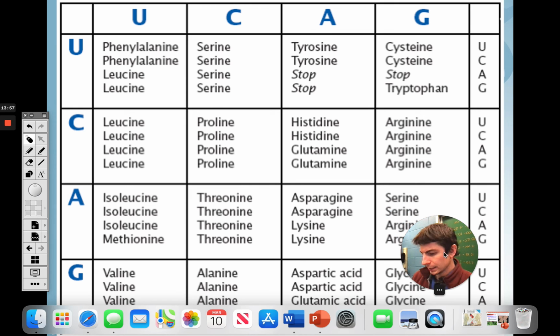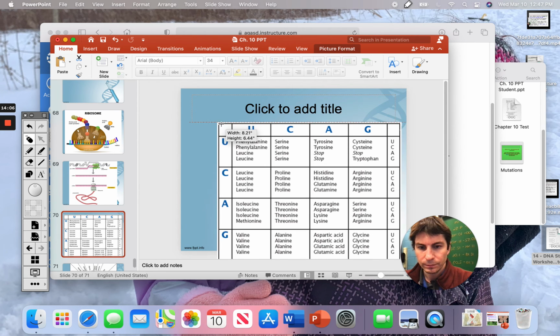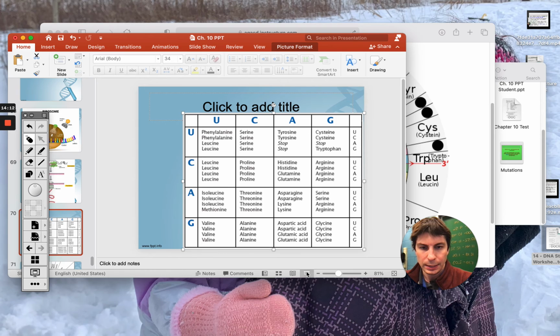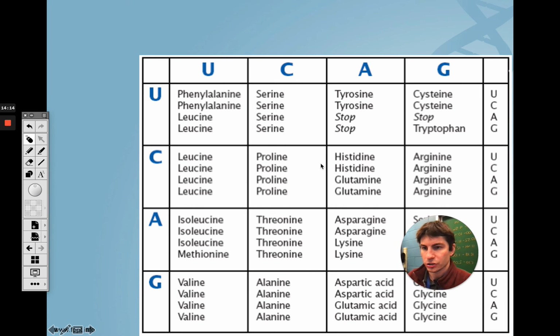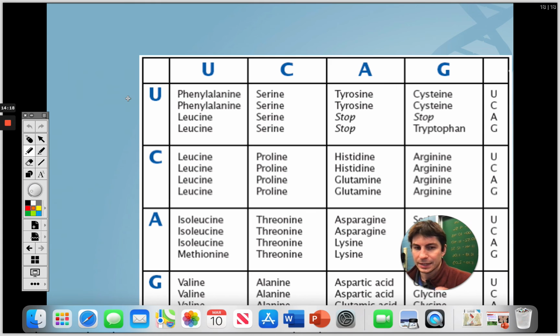So let's say I have a sequence of mRNA. We're going to use these charts always, always, always for mRNA. That's the only thing we're using these charts for.